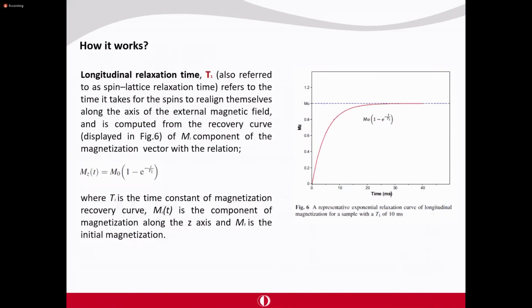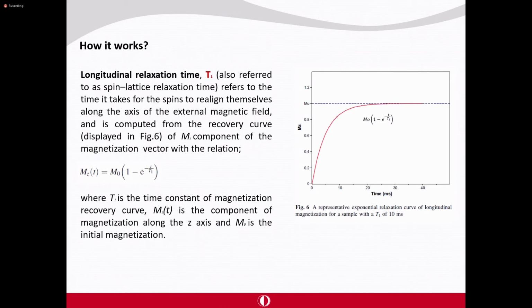Now, longitudinal relaxation time T1, also referred to as spin-lattice relaxation time, is the time it takes for spins to realign themselves along the axis of the external magnetic field, and it is computed from the recovery curve, which you see here.